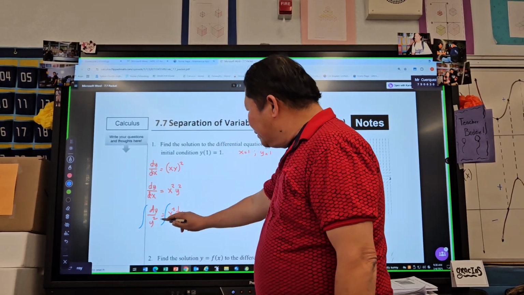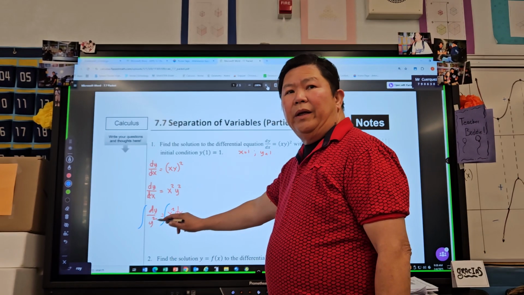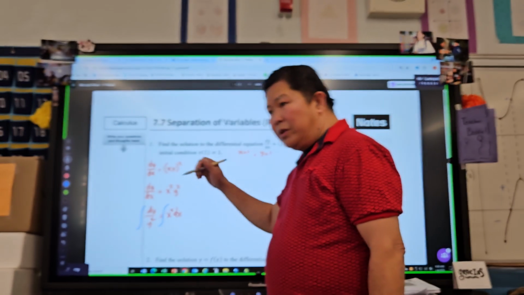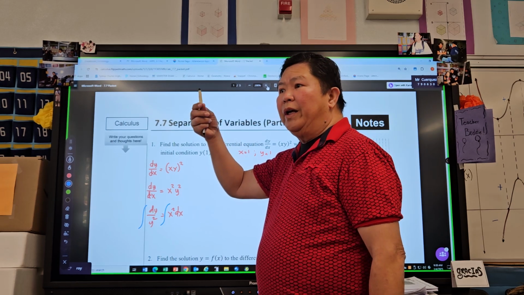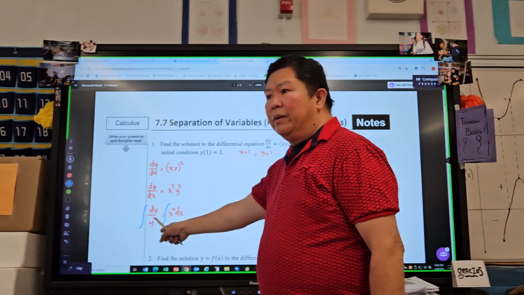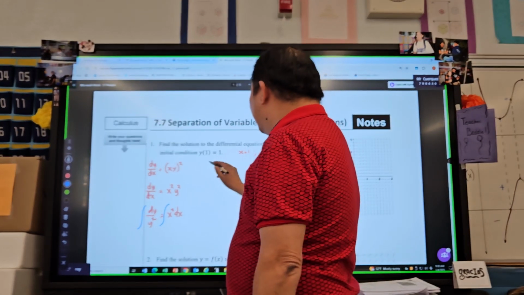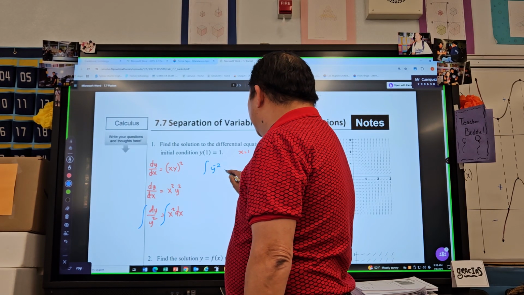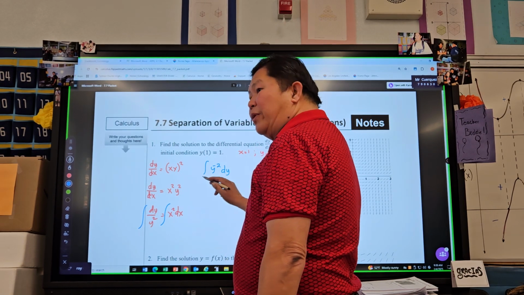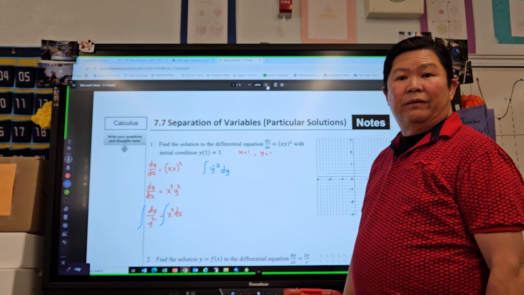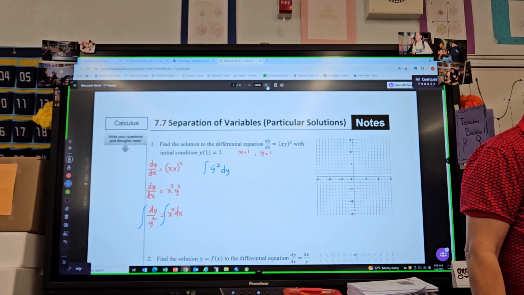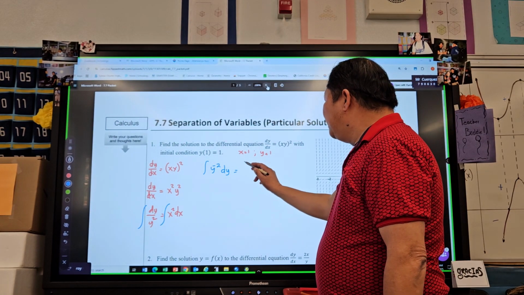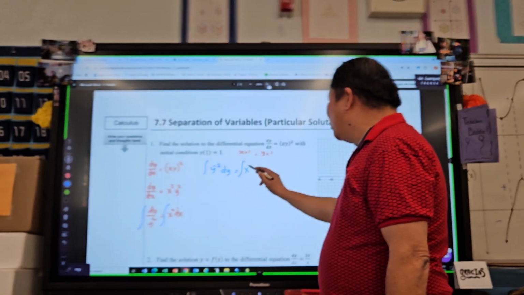We cannot integrate right away because y squared is at the bottom, so we bring it up. Rewriting gives y to the power of negative 2 dy, so it's easy to do the antiderivative. Equals the integral of x squared dx.